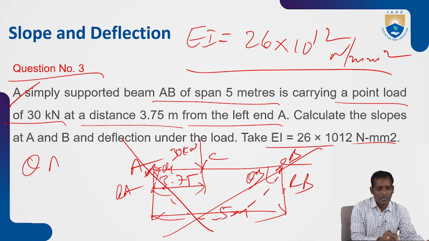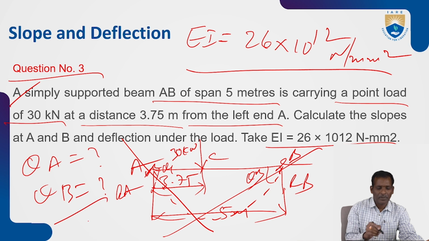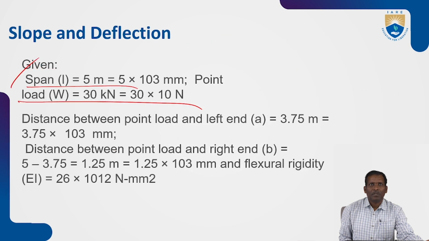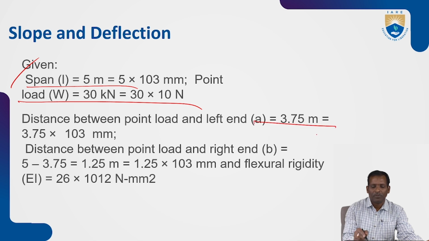The slopes are theta A and theta B, we don't know. And the deflection also he has asked, so at C point, YC. The distance between the point load and the left hand A is 3.75 meters.